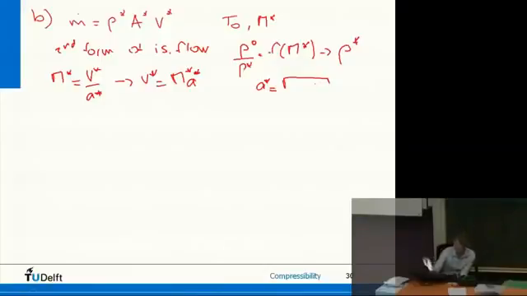Indeed, another form of the isentropic flow relations. T0 over T star is 1 plus gamma minus 1 over 2 Mach star squared. Yeah? So now we're there, right? We find the temperature from this one. We find a star. So we have the velocity. Then we can find also the density with isentropic flow relations, and we're there.